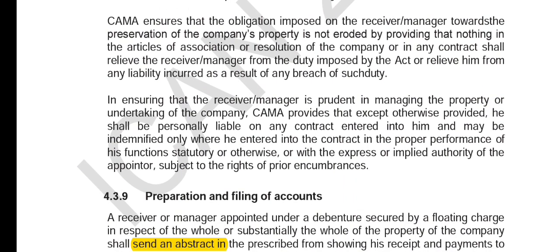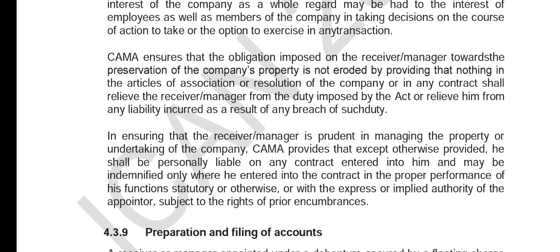Let's look at the last paragraph. It says that in ensuring that the receiver manager is prudent in managing the property or undertaking of the company, CAMA provides that, except otherwise provided, he shall be personally liable on any contract entered into by him, and may be indemnified only where he entered into the contract in the proper performance of his function.